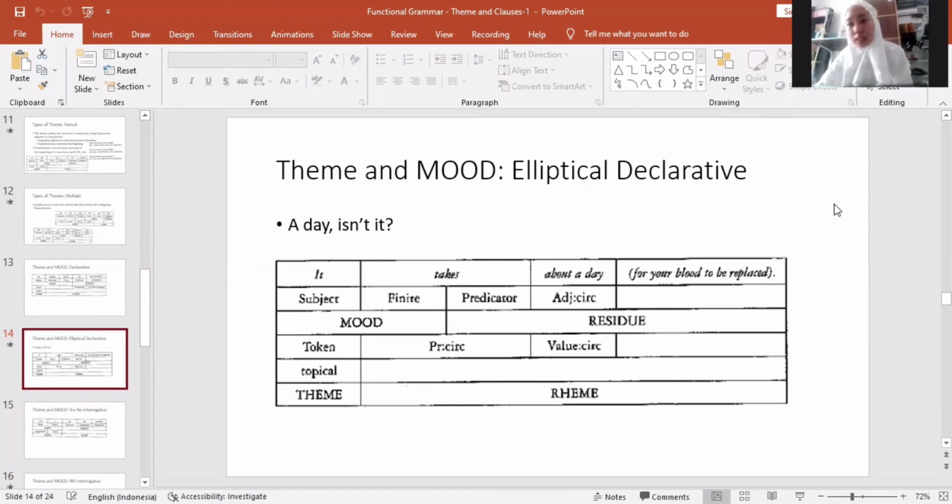About a day is adjunct of circumstance. It and takes are subject and finite in mood. And about a day for your blood to be replaced is residue. So it is token, takes is process, and about a day is circumstance.